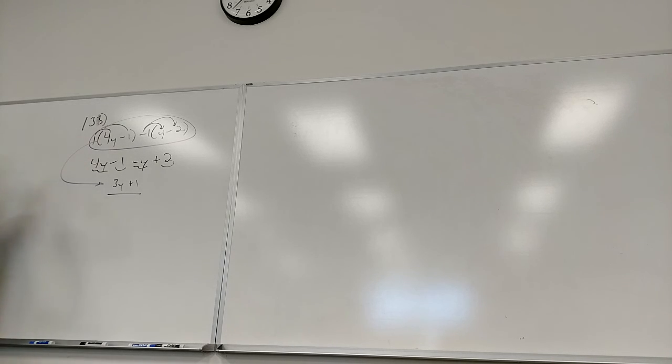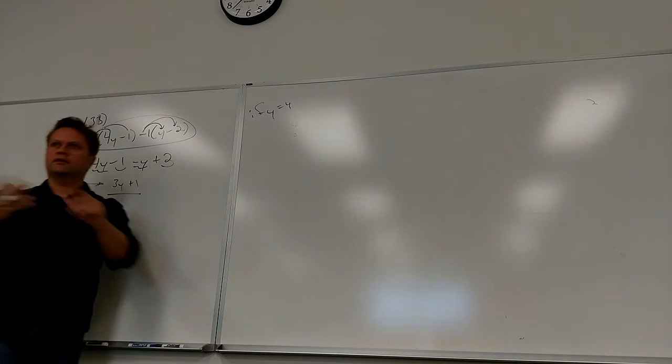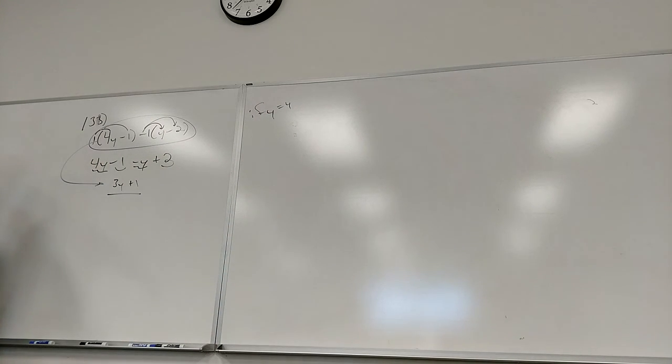So what could y be? Let's say, what if y is 4? Stay with me for a second. It's kind of neat. This is the part you guys don't get to see. Algebra is so difficult because you're actually working with an infinite number of numbers at once. How many things could y be? An infinite number of things.